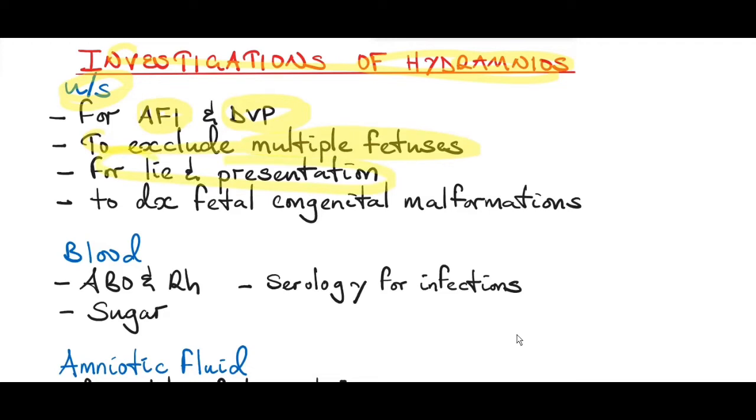For lie and presentation, remember we said on examination you might find it very difficult to actually find the fetal part. So you need ultrasound to help you determine the lie and presentation of the fetus. It will also help you diagnose any fetal congenital malformations like open spina bifida and anencephaly.